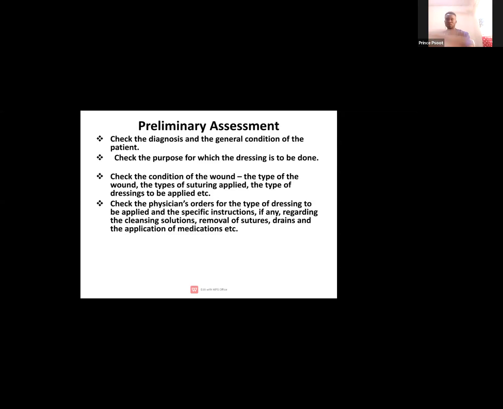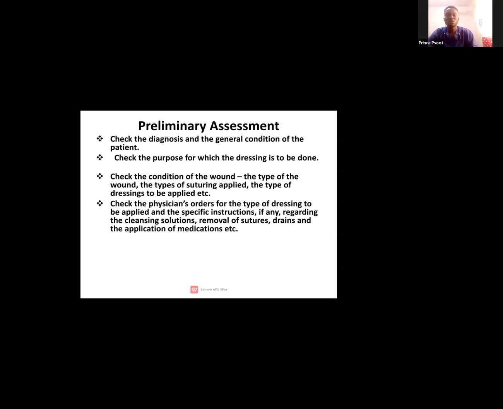That's absolutely wrong. Check the diagnosis and the general condition of the patient before you start your wound dressing. You can check the purpose for which the dressing is to be done.